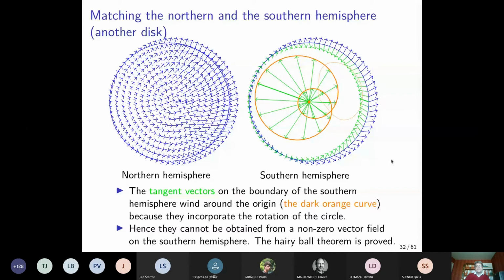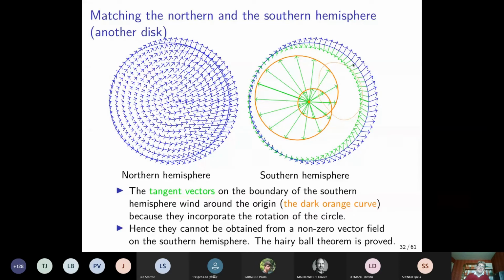Now I can make an orange curve with my green vectors, and now we see that it actually goes around the origin. One has to think a little bit why this happens. The point is, if the green vectors were just obtained by reflection with respect to a straight line, then we would have gotten a simple mirror image.